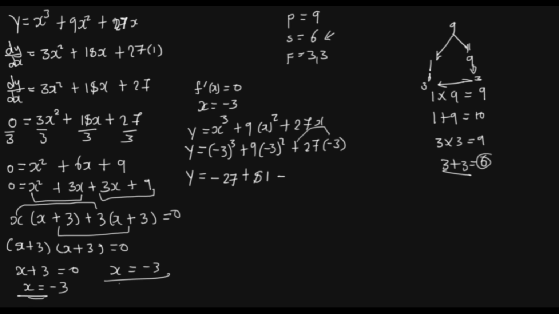Then 27 times 3, we get 81. So we can see that this and this can be cancelled, so our value is equal to this one. So the pair of coordinates is negative 3, negative 27. So here we cannot tell whether it's a maximum or minimum, since we don't have another pair that we can compare with.